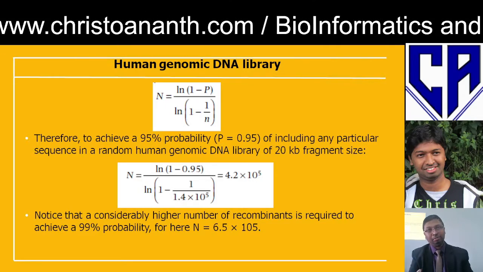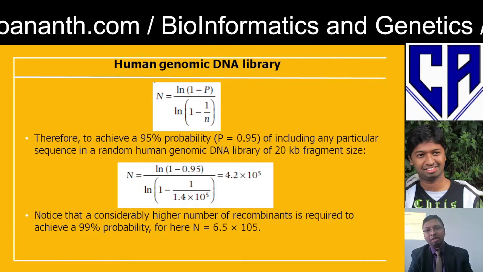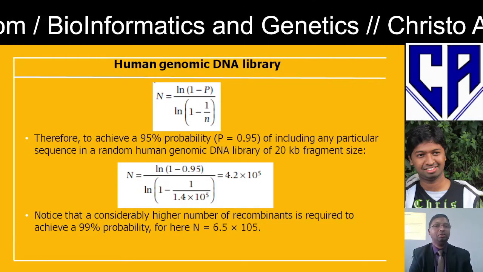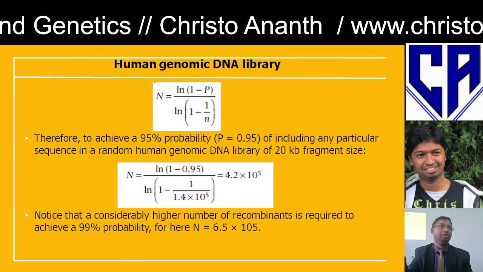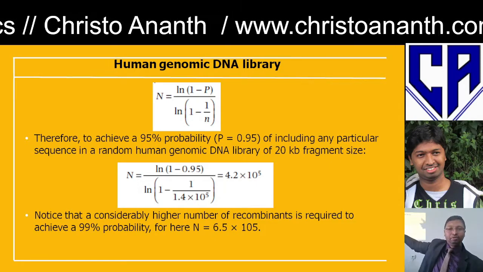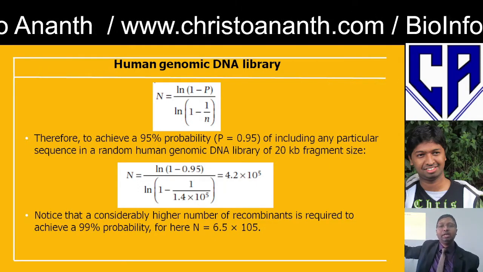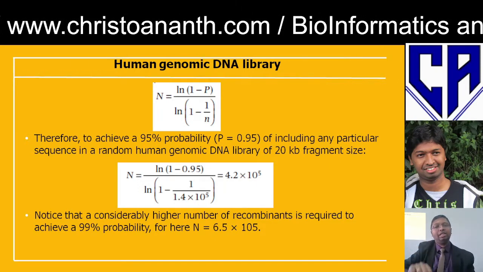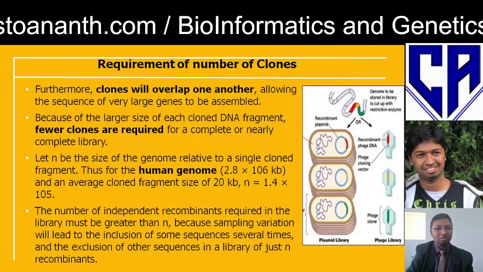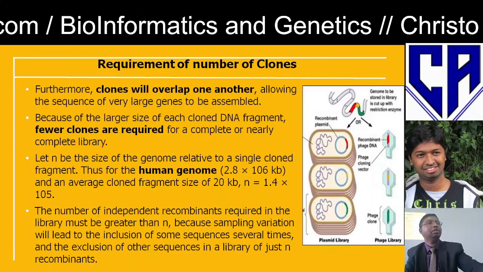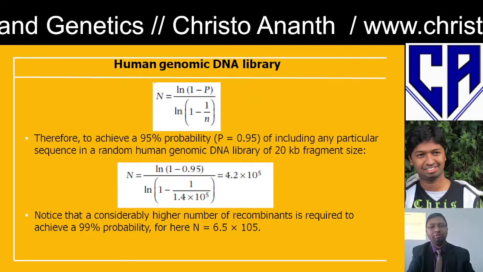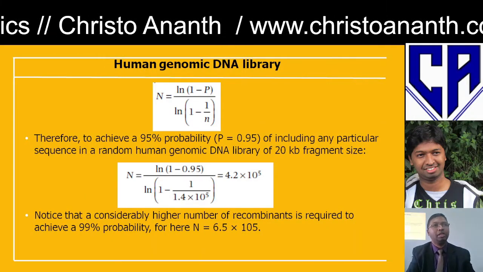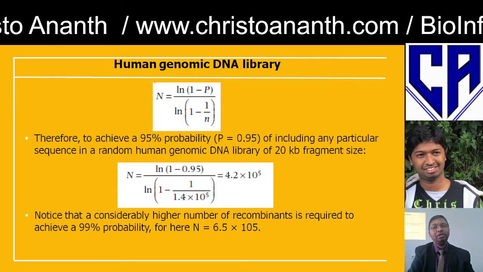To achieve 95% probability, you substitute P as 0.95: ln(1 − 0.95) divided by ln(1 − 1/n), where n, as I told you, is 1.4 × 10^5. You will get N equal to 4.2 × 10^5.